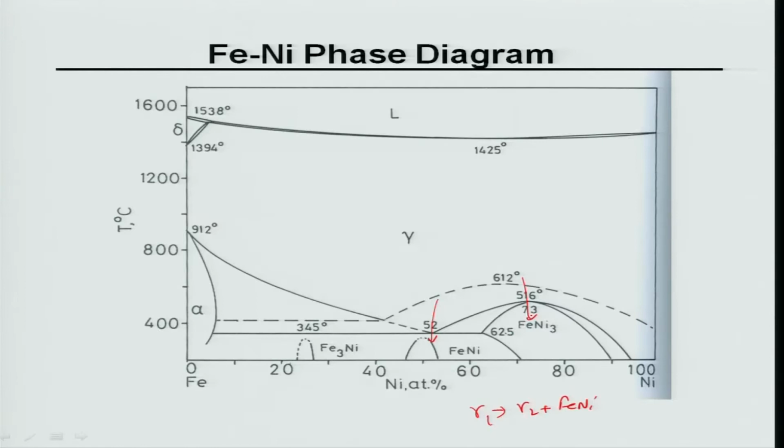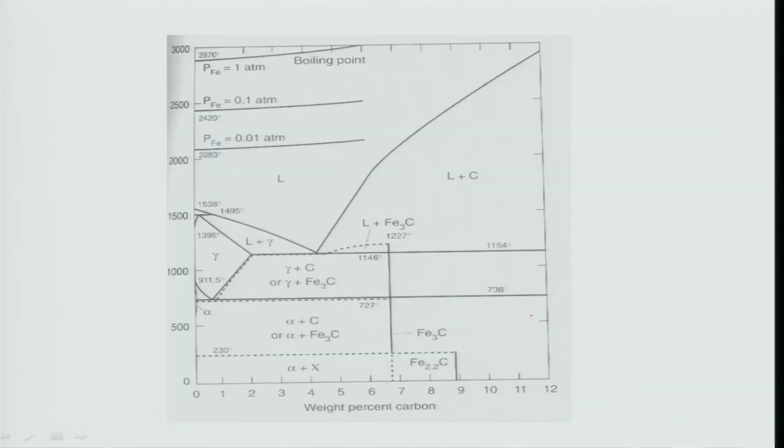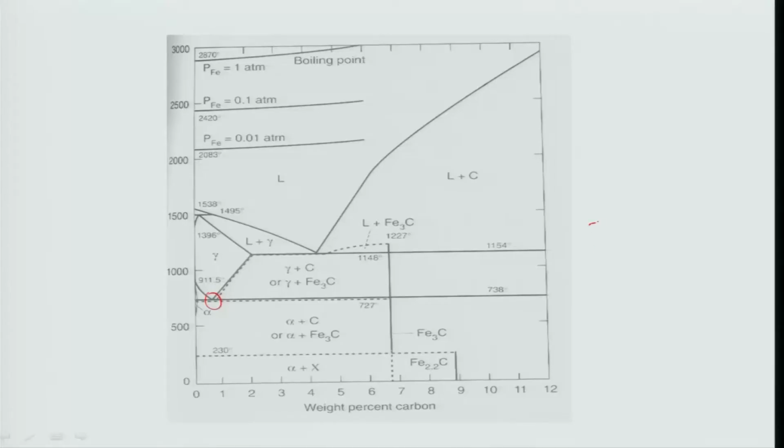Now I just want to go to the iron carbon phase diagram, which we will discuss in detail in the next class. Just to tell you that in the iron carbon phase diagram there is a eutectoid reaction here, which most of you have studied. This eutectoid reaction is very classic, known as gamma going to alpha plus Fe3C.